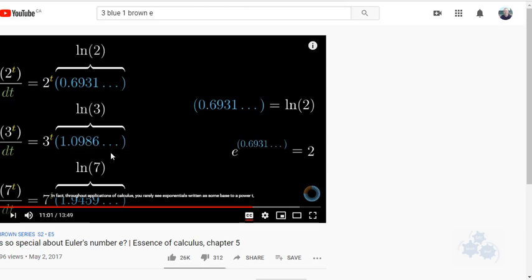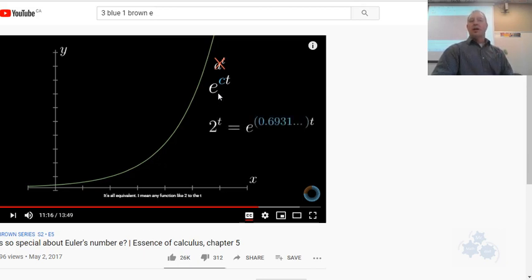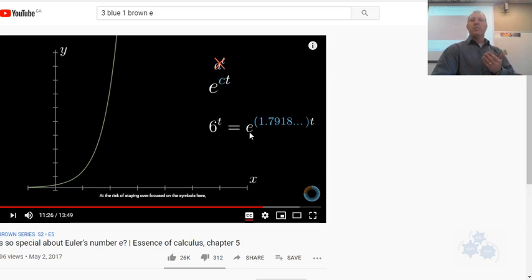All right, so if we look at these numbers, now watch this. This is important, guys. You ready? Now you may be saying, well, what if we have to use a function with a base other than e? Well, the reality is that any exponential function can be written as a variation of the function with a base e. So 3 to the power of t, and 4 to the power of t, and 5 to the power of t, and so on, can be written as a function with a base e. So this is not a big deal.